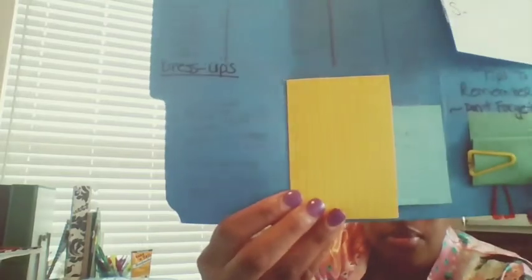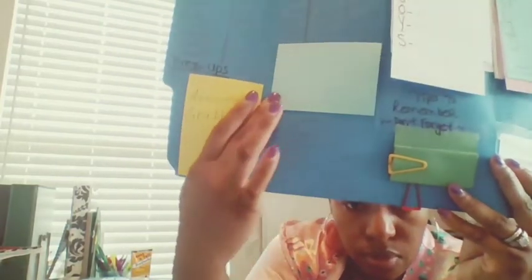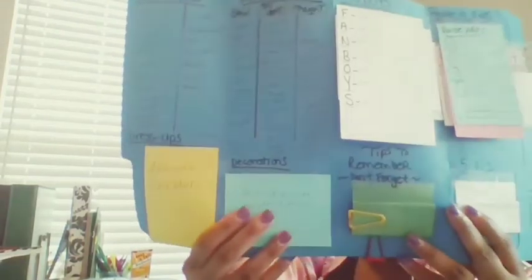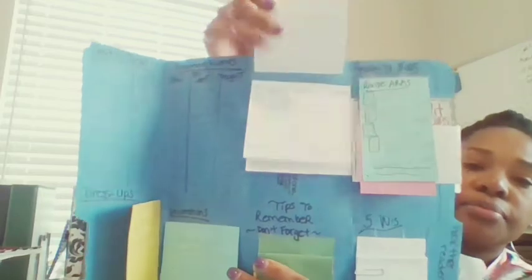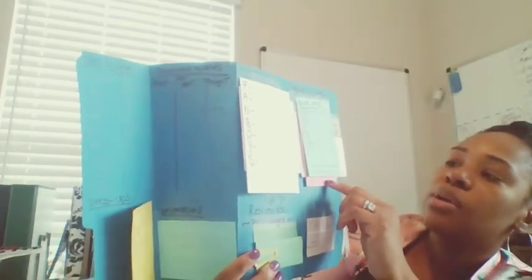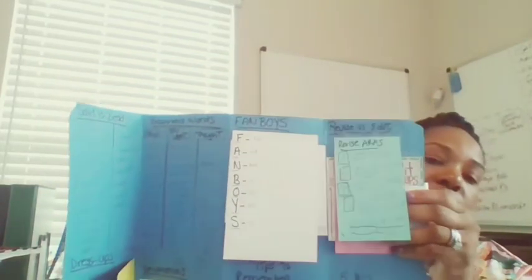What are they? We talked about fanboys. Talked about what are they? Talked about the 5 W's. I don't think we did this one yet. Revise. How do we revise and edit?